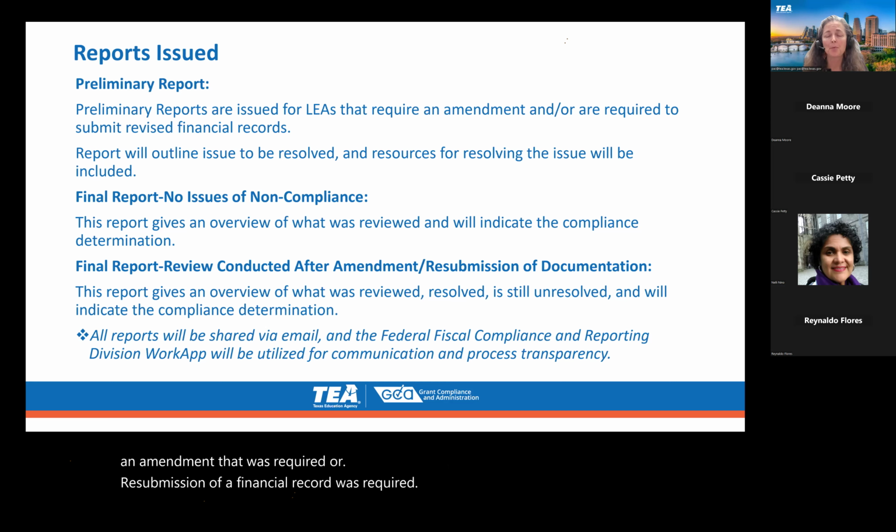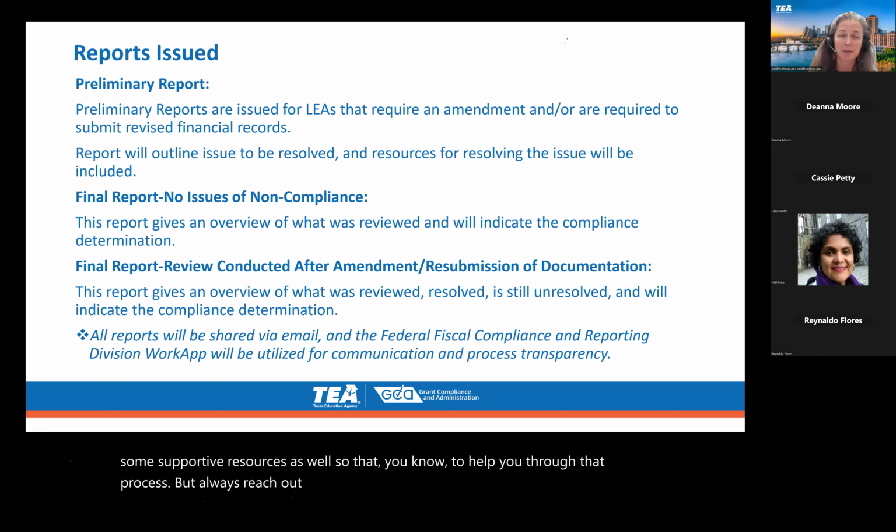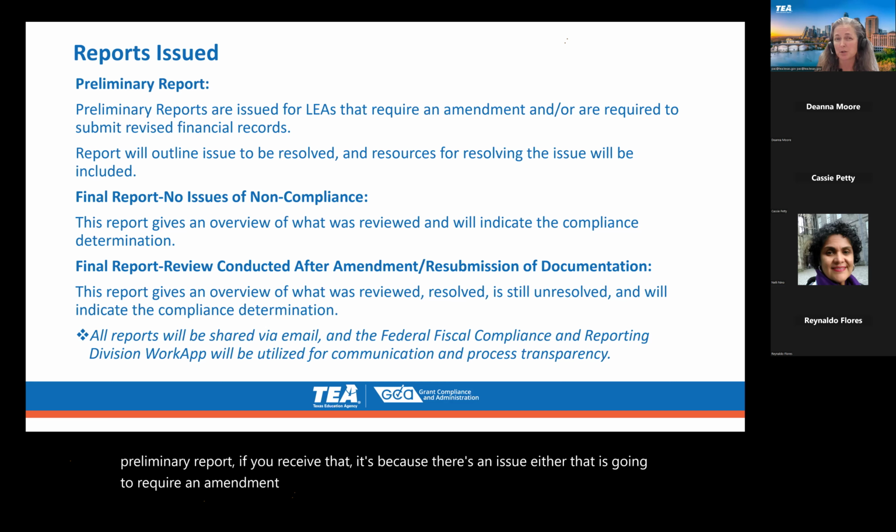In that preliminary report, it'll outline what the issue is, and we'll provide some supportive resources to help you through that process, but always reach out to us as well if you have questions. If you receive that report, it's because there's an issue that is going to require an amendment or a resubmission of the financial record.